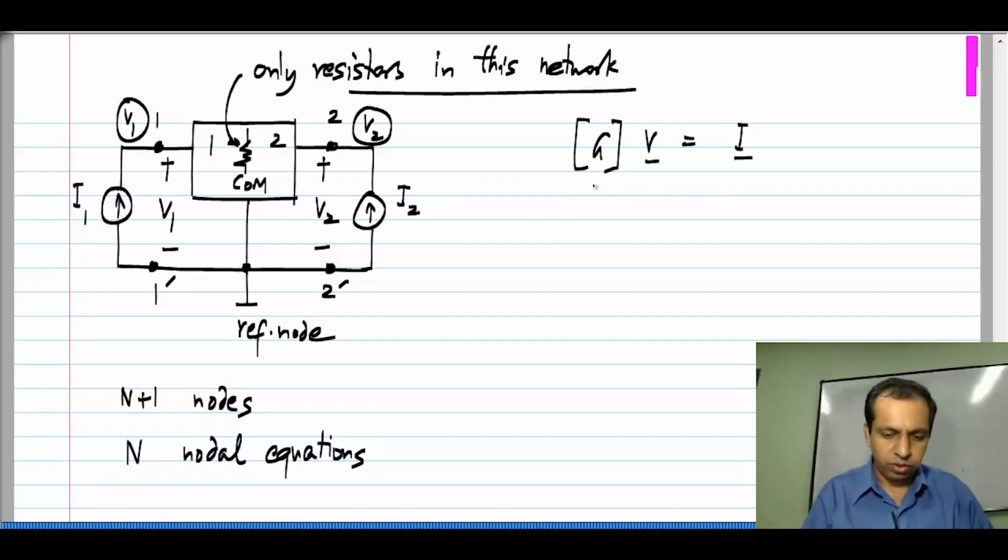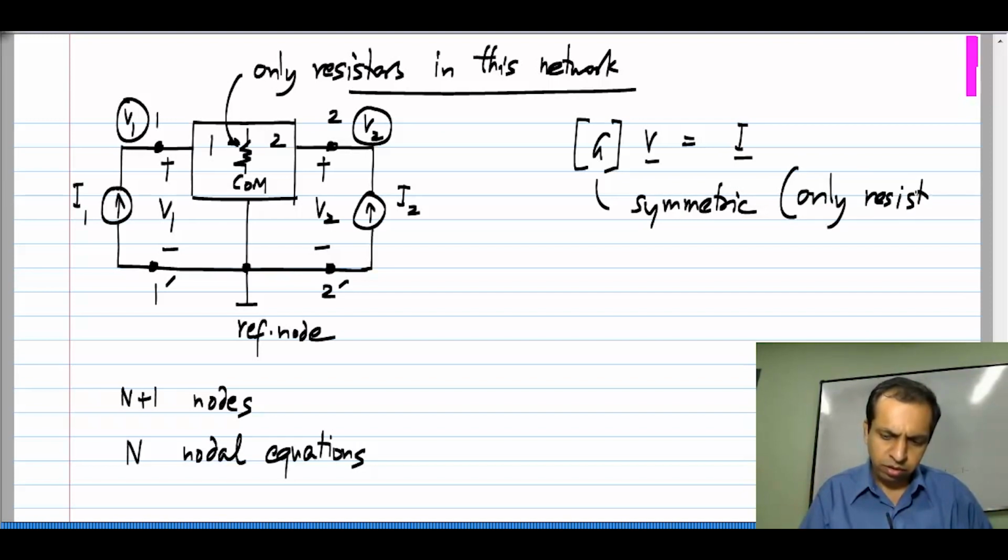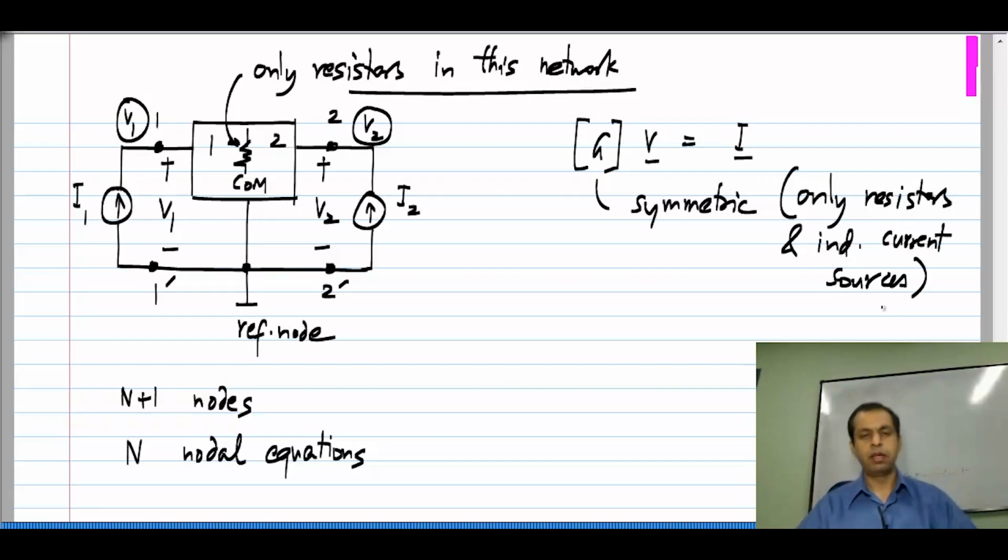So, this conductance matrix was symmetric when we had only resistors and independent current sources. So, we have a symmetric conductance matrix.